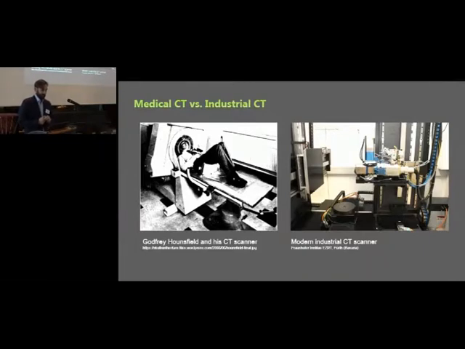This is the first CT scanner, which was invented by Godfrey Hounsfield, and which was actually made for 3D imaging of the head to see defects in the brain. And this is the medical purpose, of course, and this is a modern industrial CT scanner.